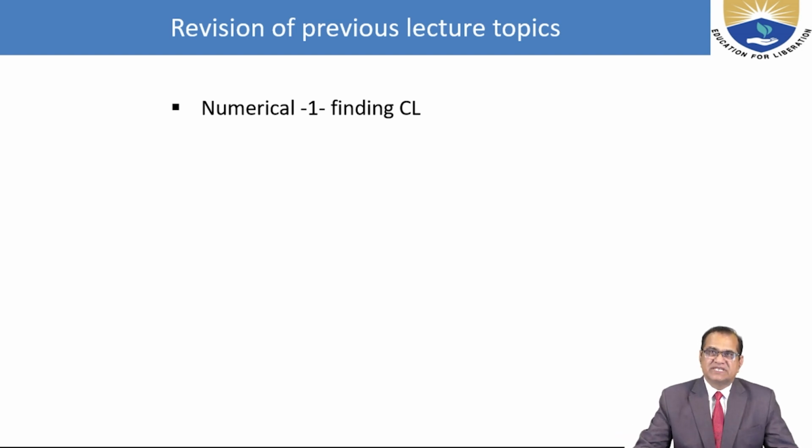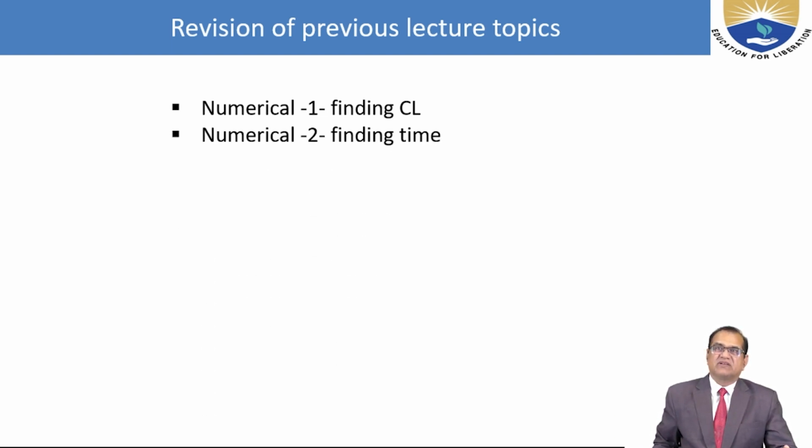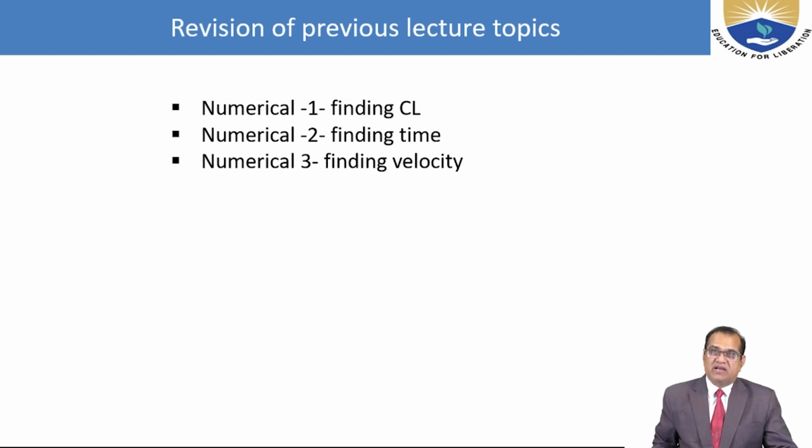In the previous classes also we have done some numericals to find the coefficient of lift when different parameters are given and with different conditions of flight. We have also found the time of climbing and other parameters, the velocity for minimum drag, for minimum range, for maximum range, maximum endurance and so on.